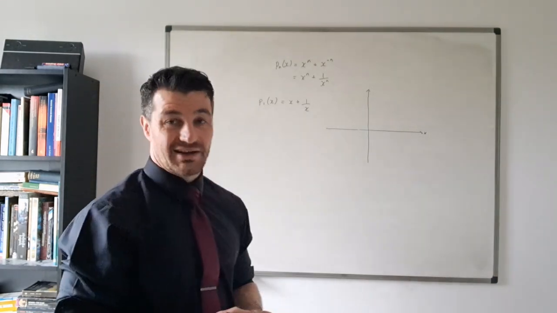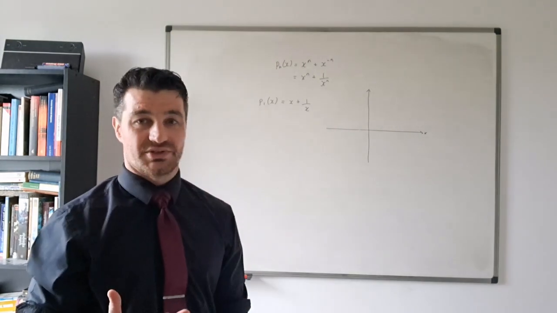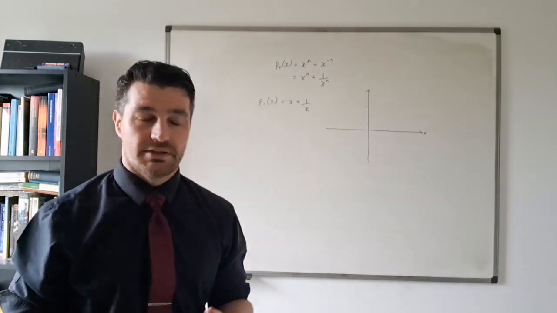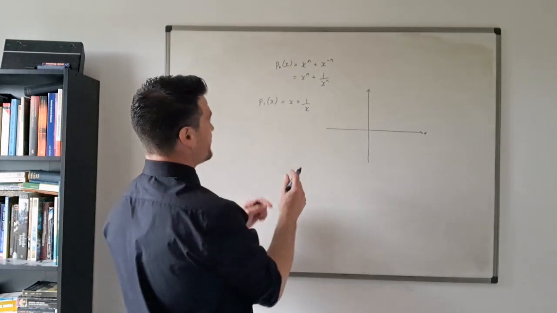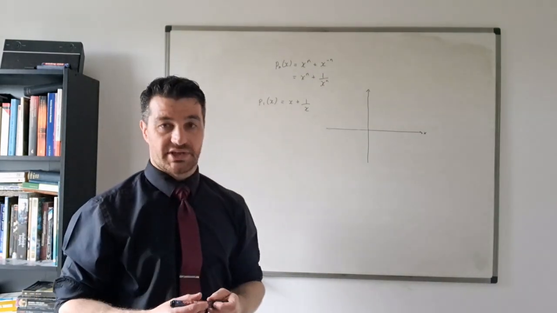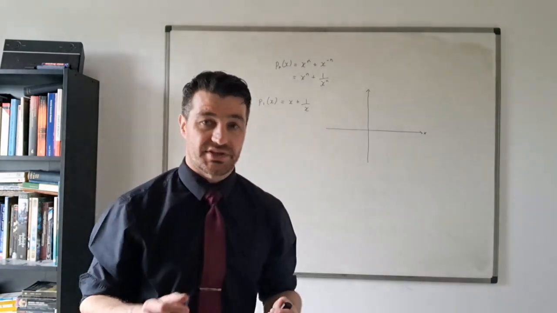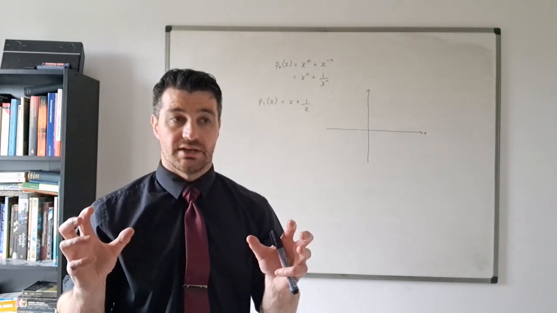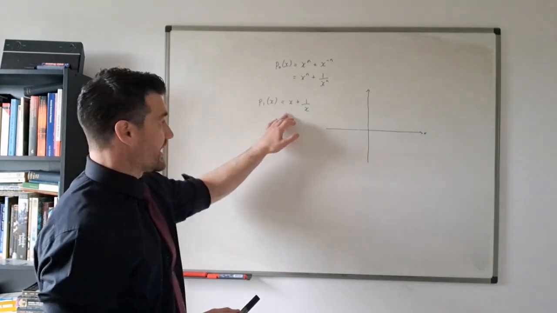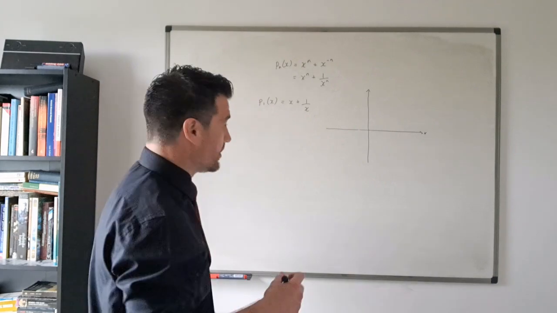Also, I've come across this before, so I had an idea about what it was going to look like. It's a fairly common technique that because we've got a sum of x and 1 over x, I know what x looks like, and I know what 1 over x looks like. So sometimes considering those separately and trying to put them together can give you an idea what the overall graph is going to look like. It doesn't always work like that, but it can go a long way.